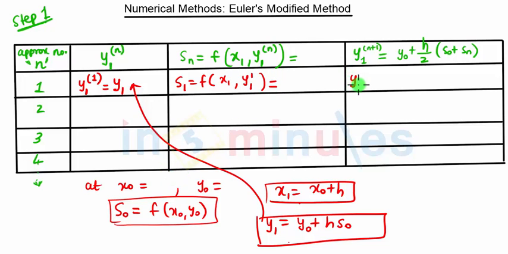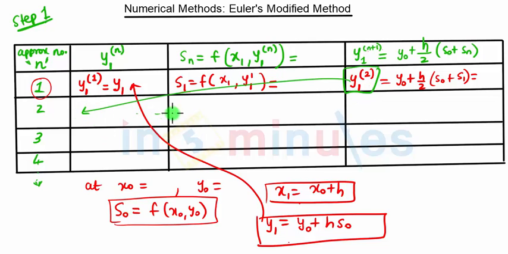Then we will get y1 raised to n plus 1. n is 1, so we get y1 of 2 equal to y0 plus h by 2 times s0 plus sn. n is 1, so s1. So from here we will get y1 of 2. Then this y1 of 2 value we take here. Then we calculate all this, we will get y1 of 3.